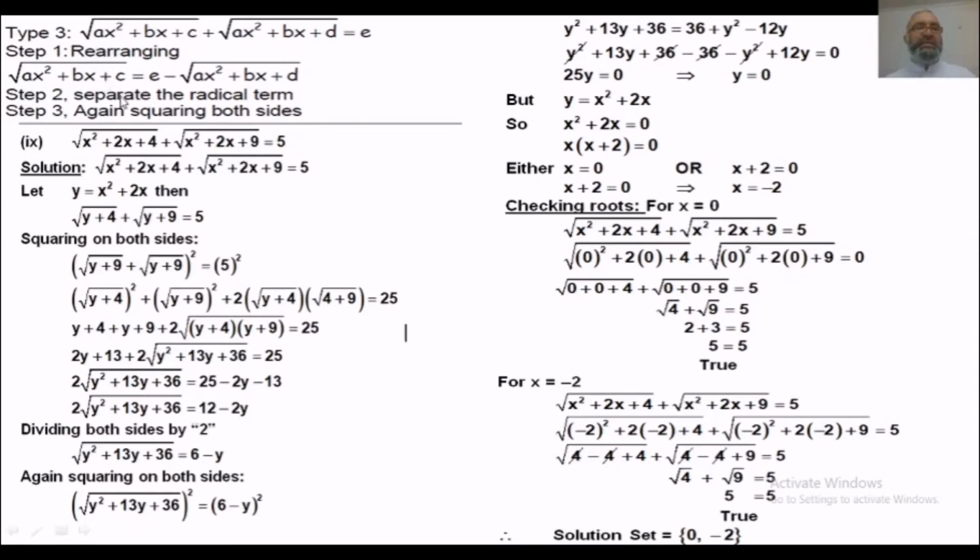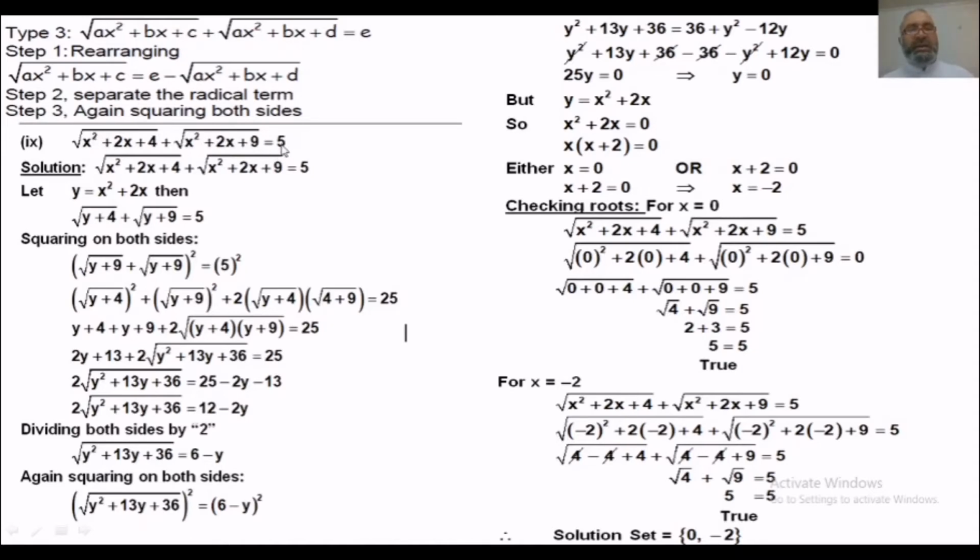We have a very simple method by substitution, just like in type 2 equation. For example, square root of x square plus 2x plus 4 plus square root of x square plus 2x plus 9 is equal to 5. This is type 3. Two radical signs, and the radicands under the radical signs are quadratics.